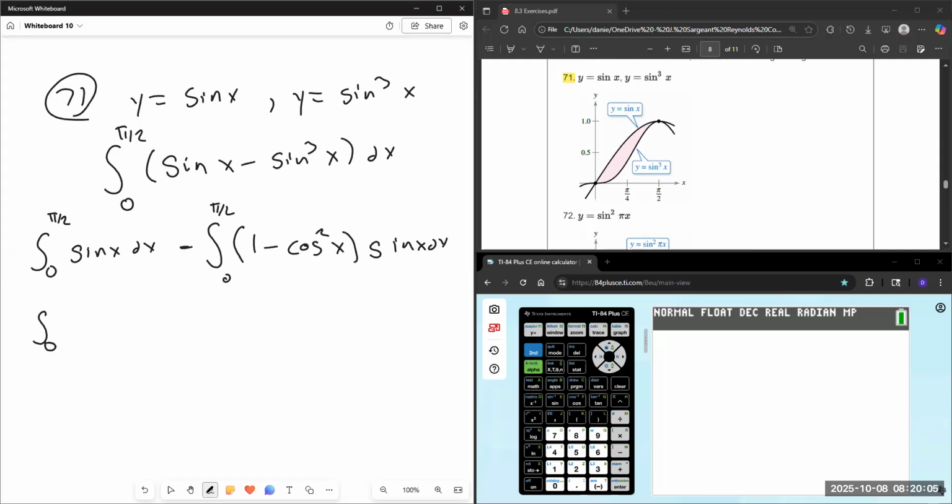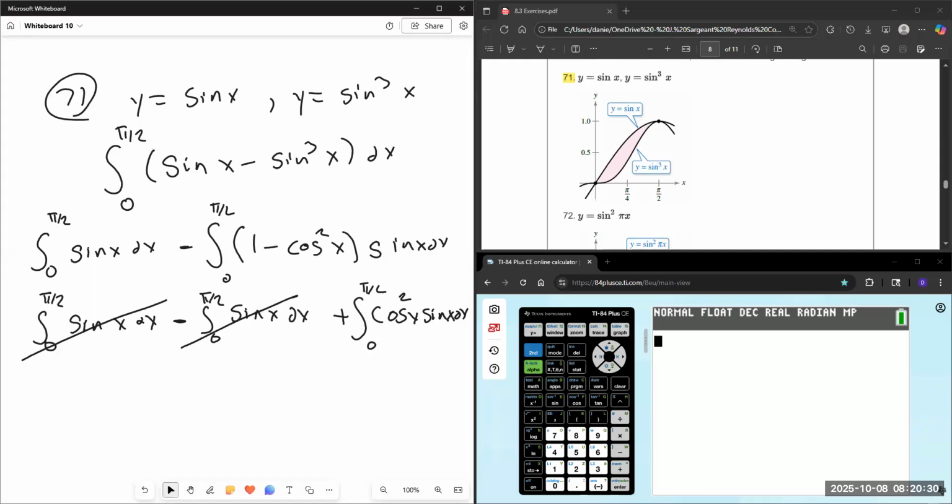And this will be the integral from 0 to pi over 2 of sine x dx, minus the integral from 0 to pi over 2 of sine x dx, plus the integral of cosine squared x sine x dx from 0 to pi over 2. This and this are exact opposites. I don't even need to figure them out. They're going to cancel each other out.